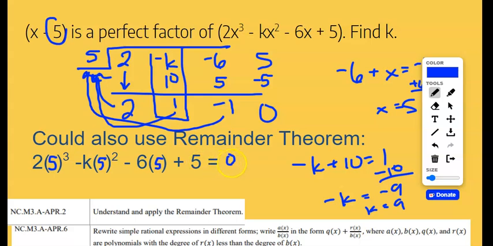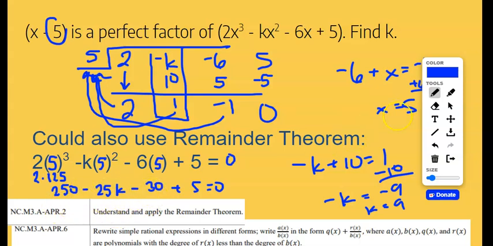So this better equal 0, or it's got a variable and I'm going to have to solve for it. 5 to the third power, 5 times 5 times 5 is 125 times 2 is 250 minus 25k. 5 squared is 25, and then 25 times negative 1. Negative 30 from this, and plus 5 equals 0.